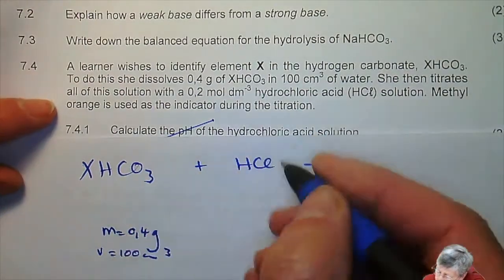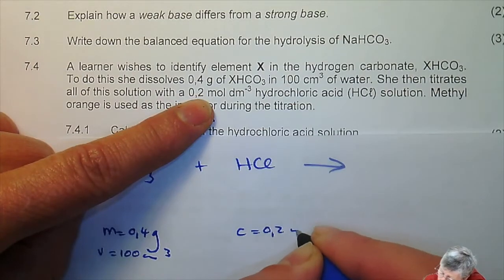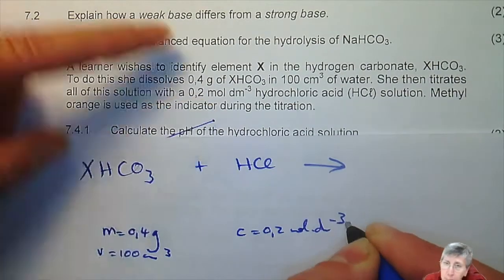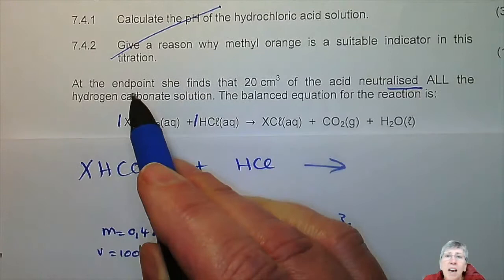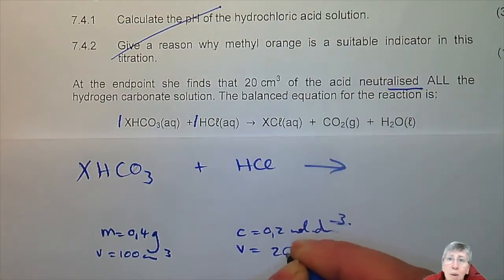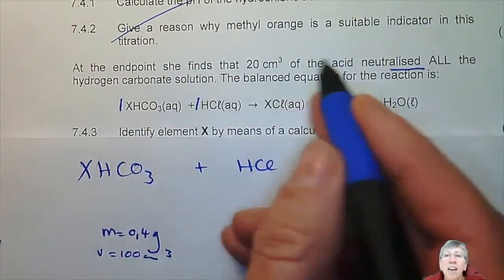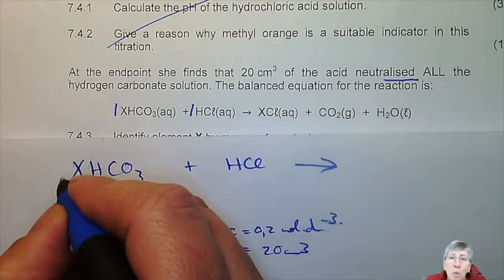And then she titrates it with this, and they give us the concentration, 0,2 moles per cube decimeter, and then they tell us at the end point, so they gave us volume there as well, 20 cube centimeters. And since it's at the end point and they have fully neutralized, I know 1 to 1.